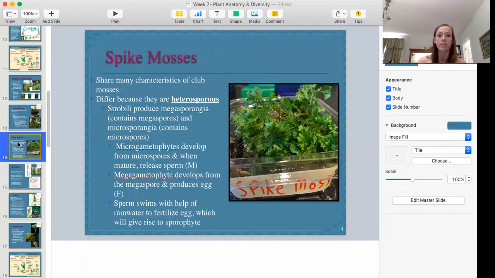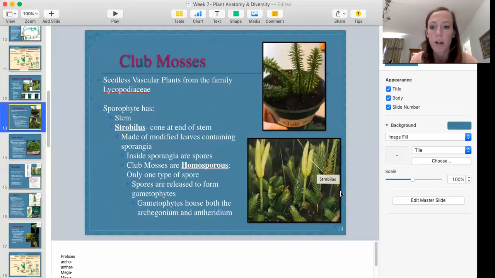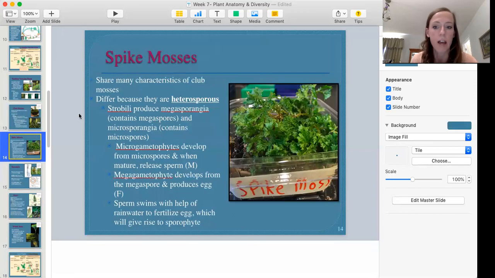So spike mosses are heterosporous. They're very similar to the club mosses in that they are similar in structure, although I think the spike moss has more of a leafy orientation to its greenery, and the club mosses are more needly, as you'll see in lab. Similar characteristics.